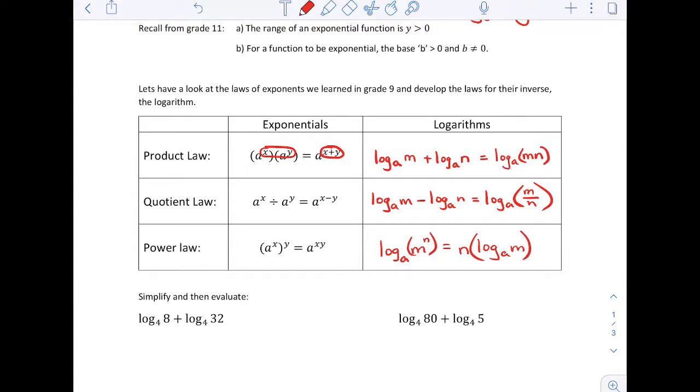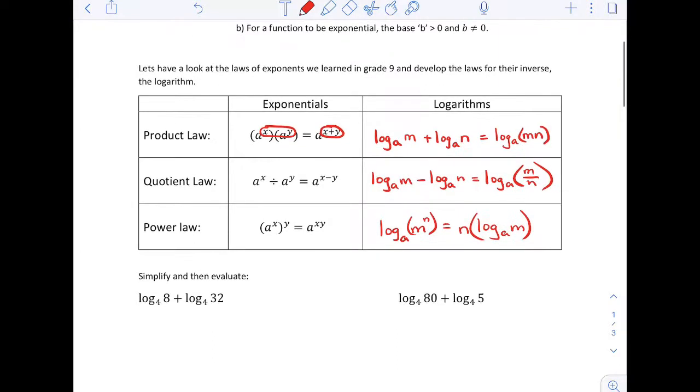Right, so that n just comes out front. It's the power of a power rule. If we have an exponent of n on our argument, it can come out to the front. Once again, I'm going to post proofs of each of these ones. It's a little bit longer to go through if you're interested afterwards.